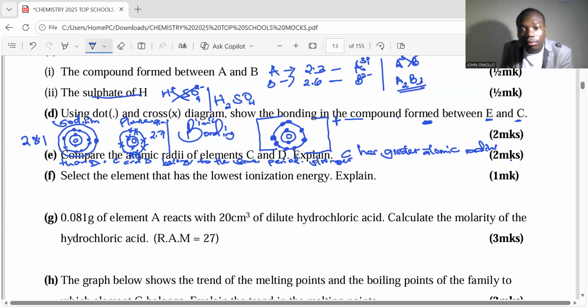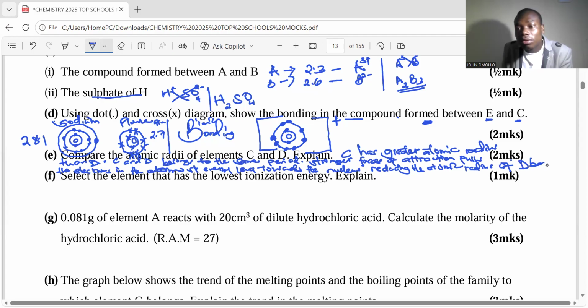Stronger forces of attraction pull the electrons in the outermost energy level towards the nucleus, reducing the atomic radius of D because of the increased number of electrons, which increases nuclear forces of attraction.